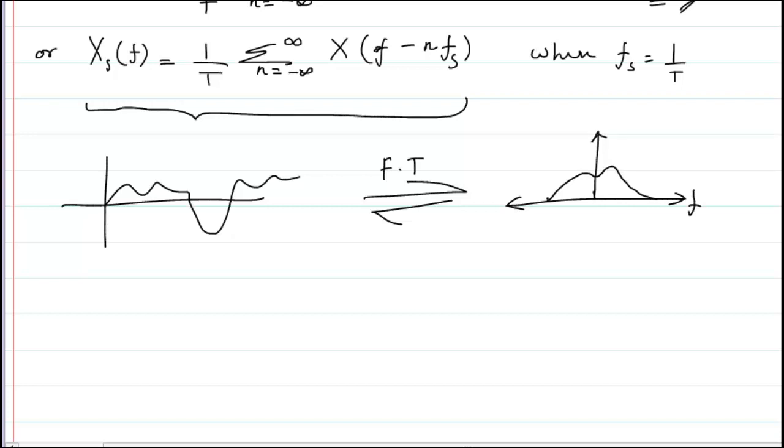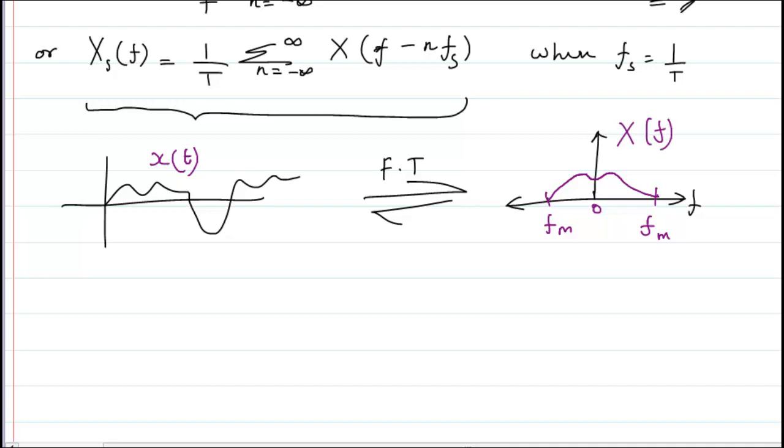I should draw it in such a way that it is a mirror image, so I will draw it like this. Okay, so suppose this is the frequency plot and we have some maximum frequency fm beyond which the frequency is 0. Okay, so this is the original x of t and this is X of f.